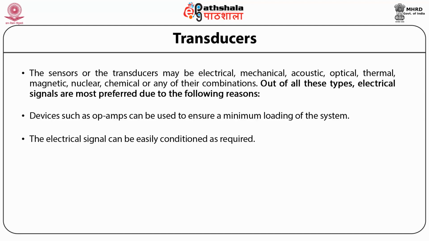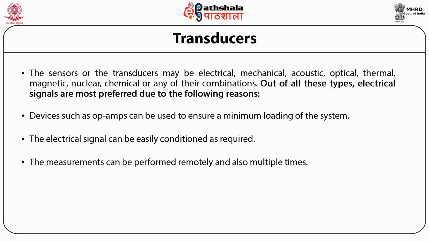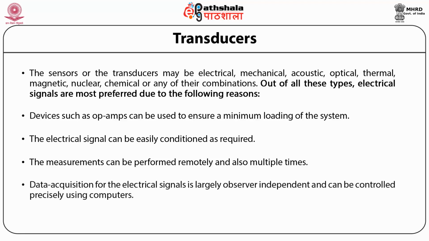Second, the electrical signal can be easily conditioned as required. Third, the measurements can be performed remotely and also multiple times. Fourth, data acquisition for electrical signals is largely observer independent and can be controlled precisely using computers.